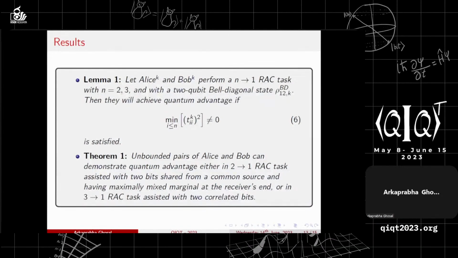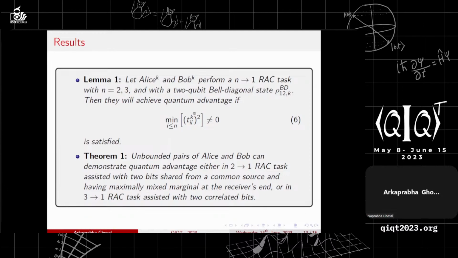So this is our basic result. The first lemma is that this is a necessary condition: let Alice K and Bob K perform an N-to-1 RAC, where N is either 2 or 3, assisted with a 2-qubit Bell diagonal state, as I mentioned earlier. Then they will achieve quantum advantage in every RAC round if this condition is satisfied.